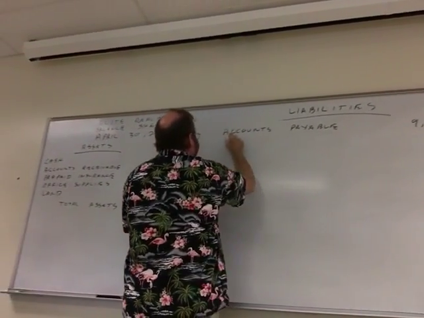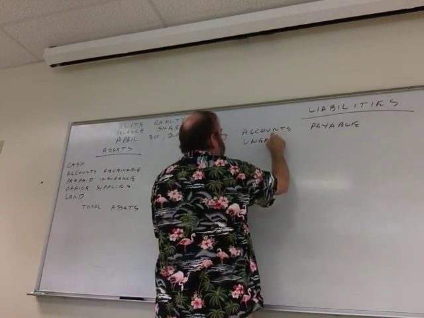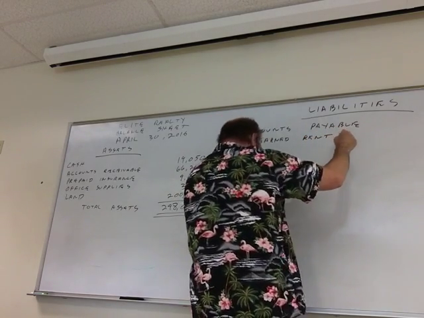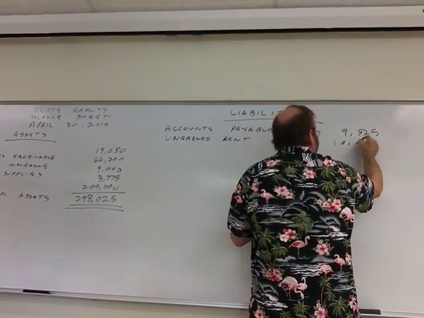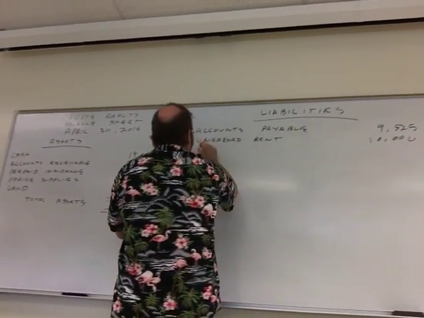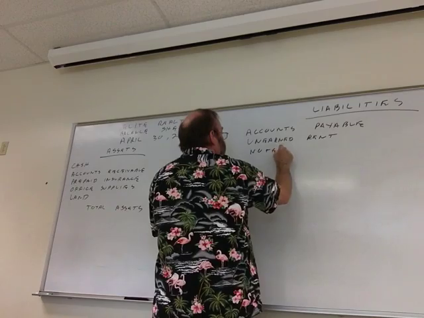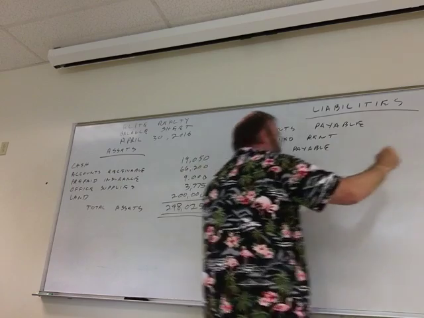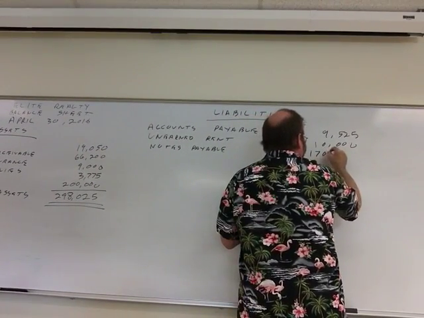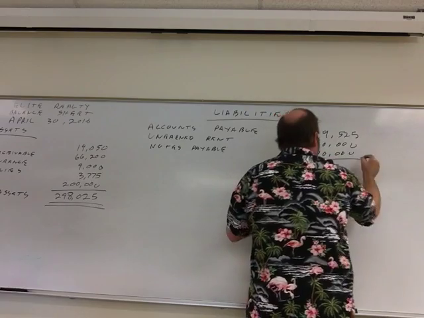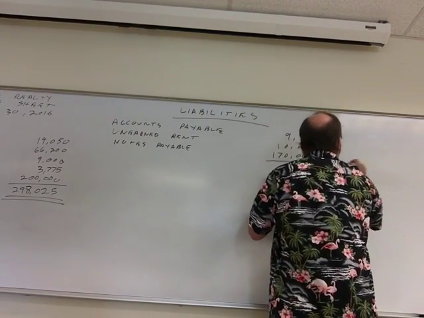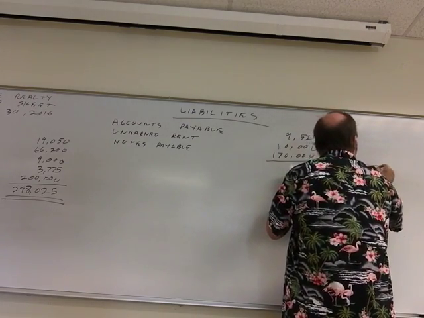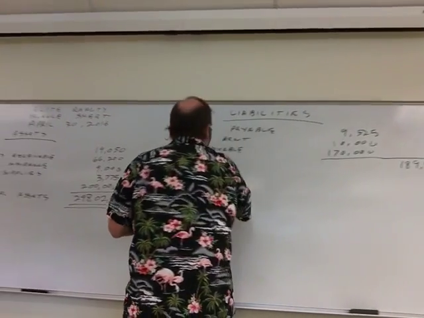We have unearned rent of $10,000. And we have a note payable of $170,000. Total all that up, and you get $189,525 for total liabilities.